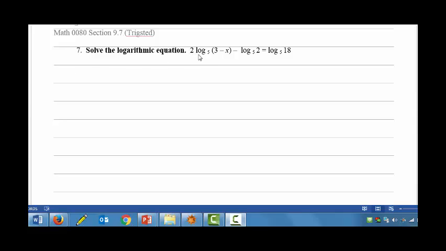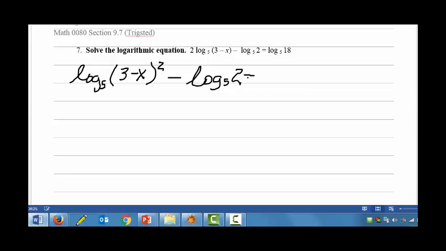This 2 multiplied by the base 5 log of 3 minus x becomes an exponent. And I now get the base 5 log of 3 minus x to the second power minus the base 5 log of 2 equals the base 5 log of 18.